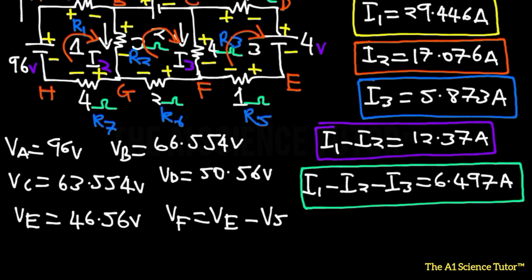Now what is V5? V5 is equal to this current, because that is going to be the current that goes through that resistor, right? If it goes through it, we're going to have that multiplied by the resistance itself, which in this case is just 1. So if you multiply 6.497 by 1, that gives you the same thing. So that will be VE minus 6.497. VE is 46.56 minus 6.497, so that gives us 40.063.